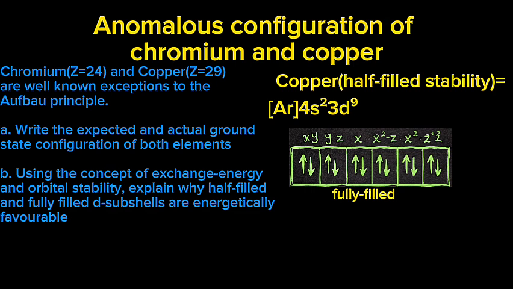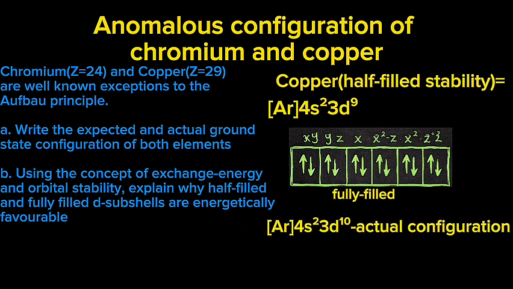So we are going to have [Ar], 4s1, 3d10, which is the stable electronic configuration of copper, more stable than what is expected, and this is due to the same concept, which is what? The exchange energy concept. This exchange energy is what brings about stability in the orbitals.